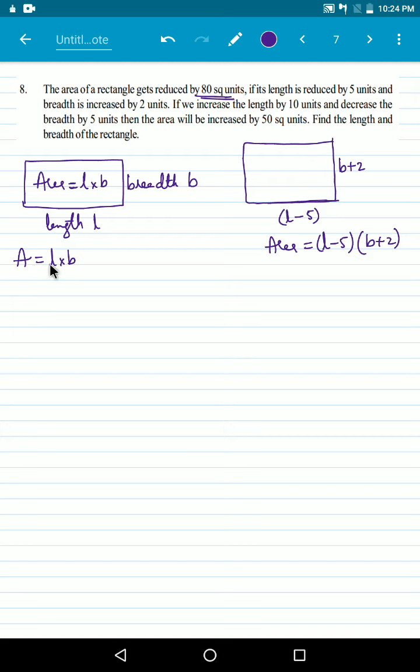Originally the area was A, which is L into B. Now it is reduced by 80, that means minus 80. So A minus 80 is the new area of this rectangular plot. Okay, I hope you understood this one.